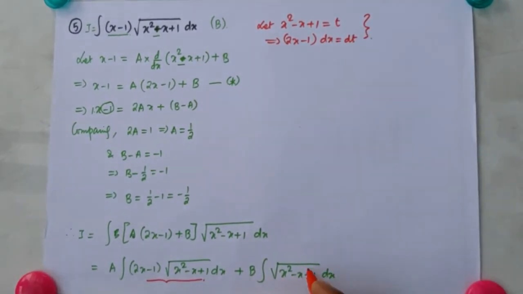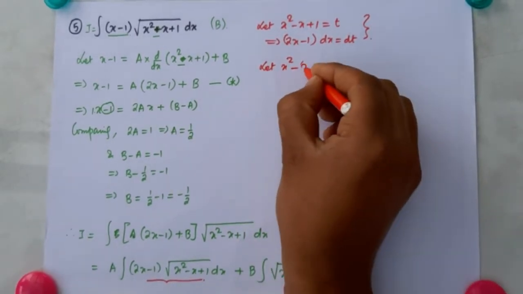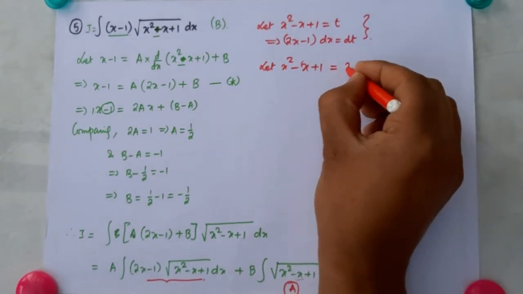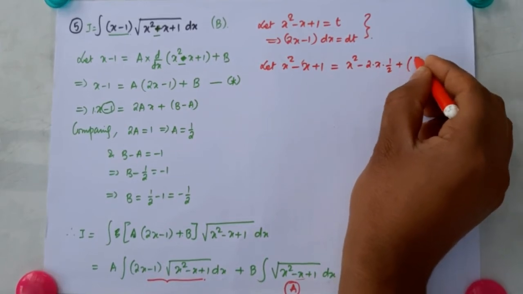We will express this for the second integral, which falls under type A, remember. And type A says that x square minus x plus 1 has to be expressed as a sum or difference of two perfect squares. So this can be done in this way, isn't it? Please check.